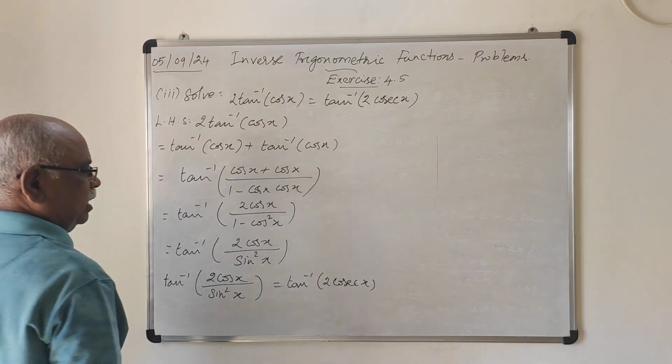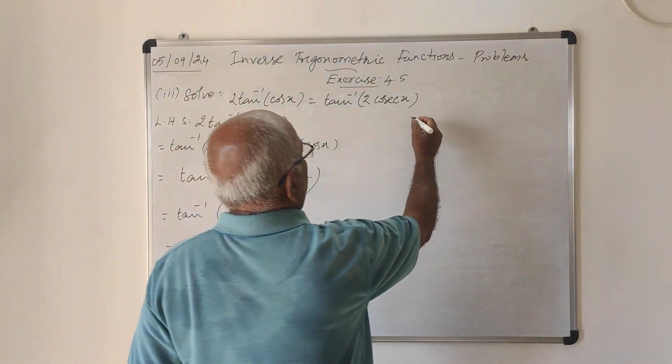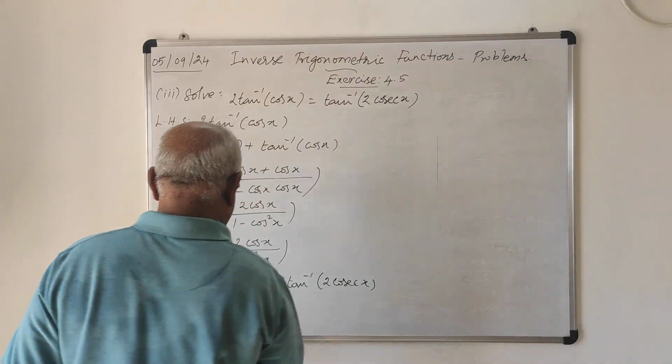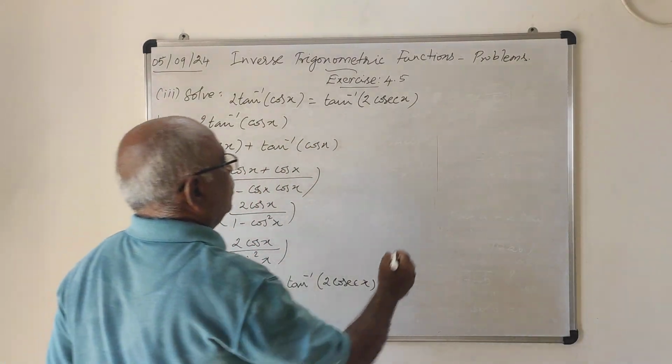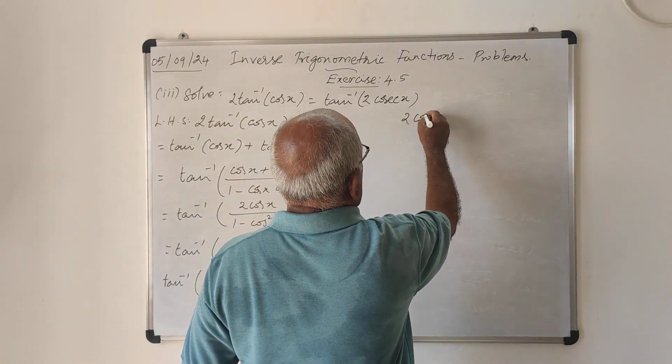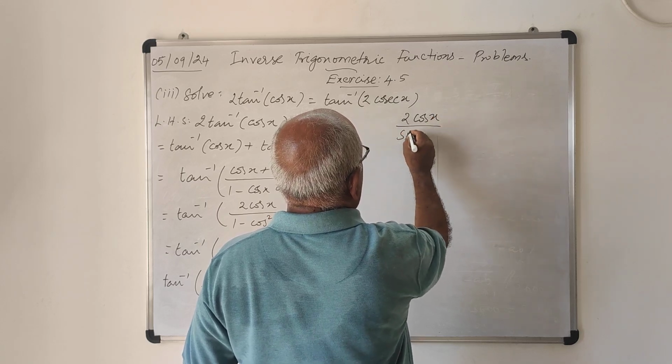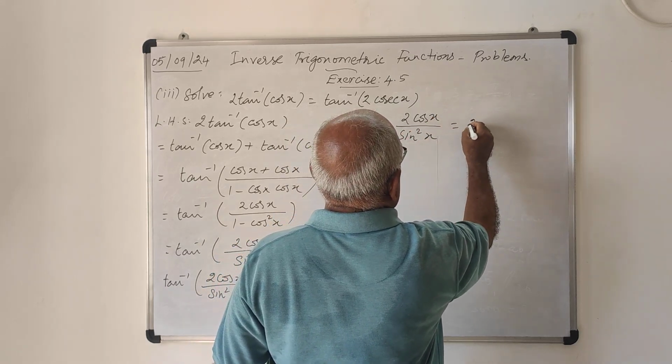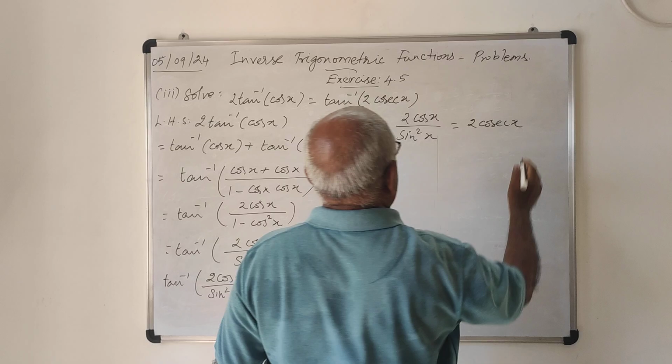So eliminating tan inverse on both sides, you will get 2 cos x by sin square x equal to 2 cosecant x.